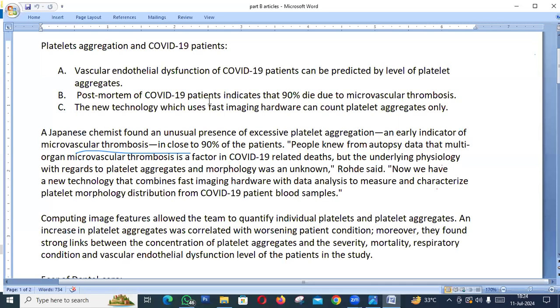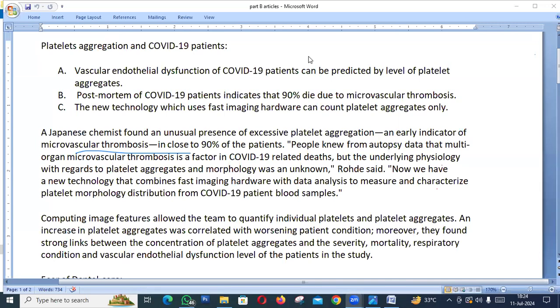Okay, now C. Those who got C correct, can you explain why C is correct? C is right because clearly in the first paragraph, it starts from the third line. Fourth line.